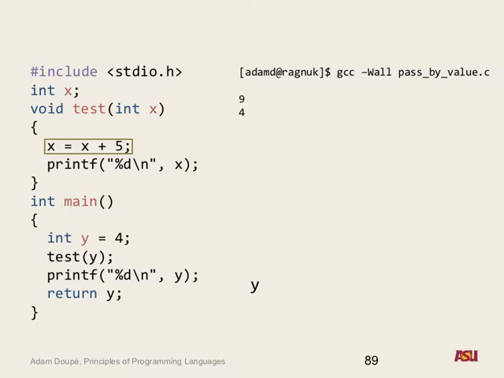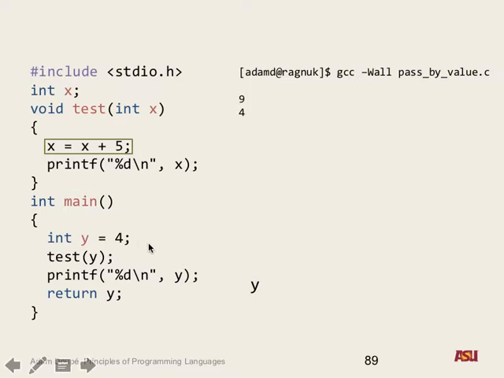What's the first line that's going to be executed to print out? The one in test. So what is this going to output? 9? Because 4 is set to the local value. Oh, all right, sorry.